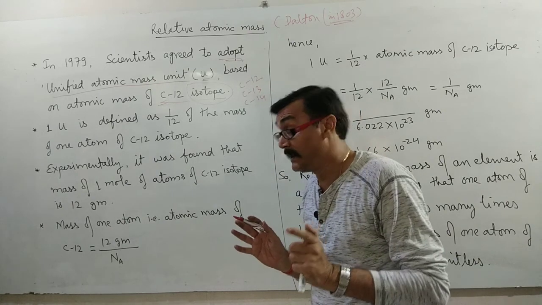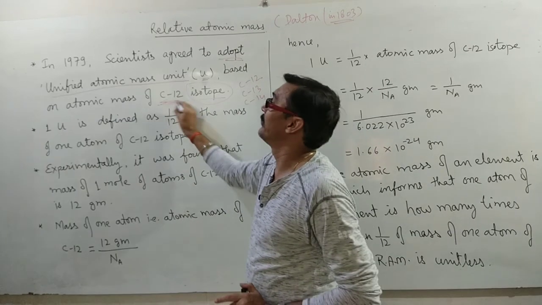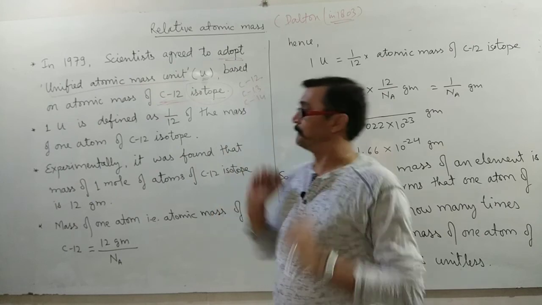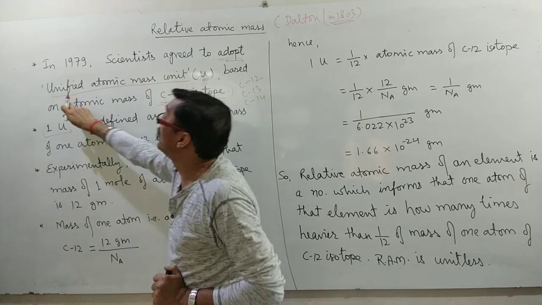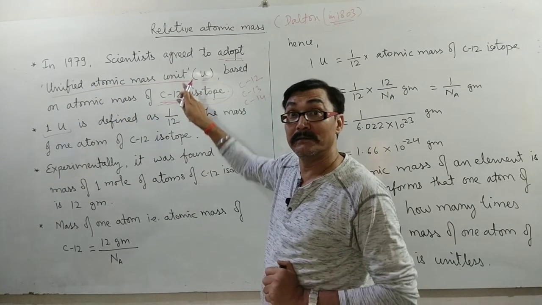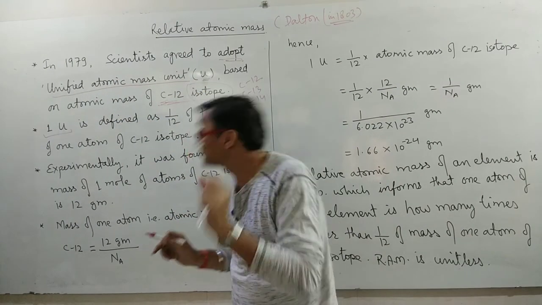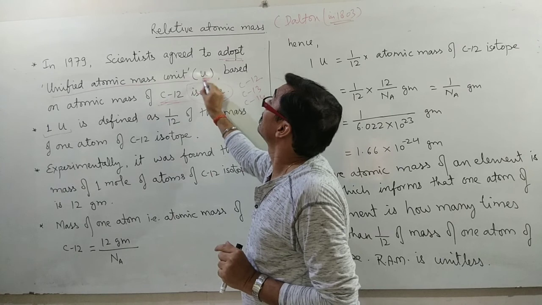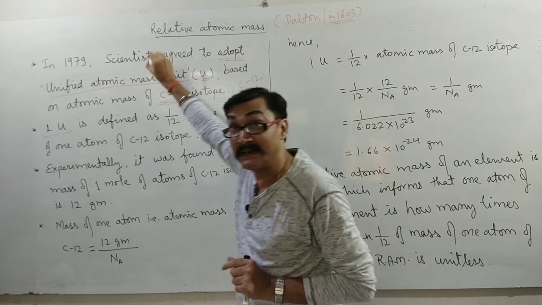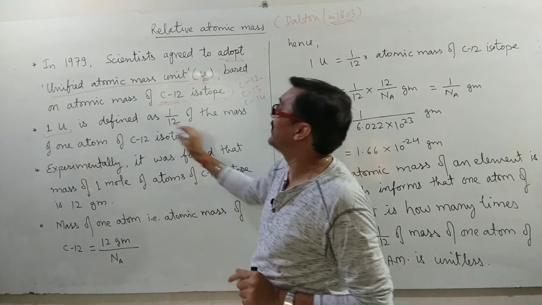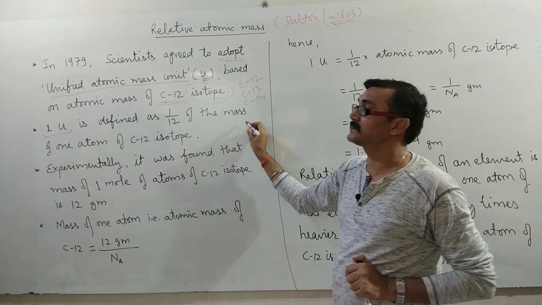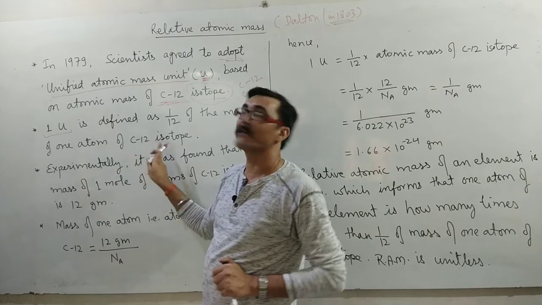But as a reference, carbon 12 isotope is taken. 1 U, that is unified atomic mass unit, the unit of mass which was adopted by scientists in 1979, is defined as 1/12 of the mass of one atom of carbon 12 isotope.